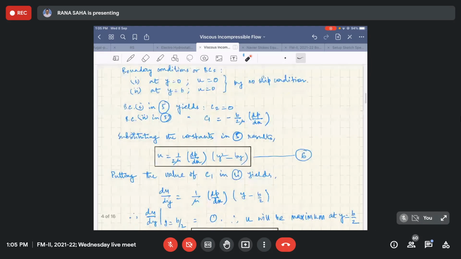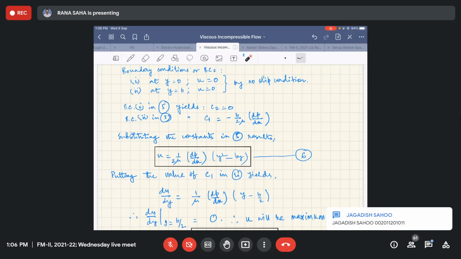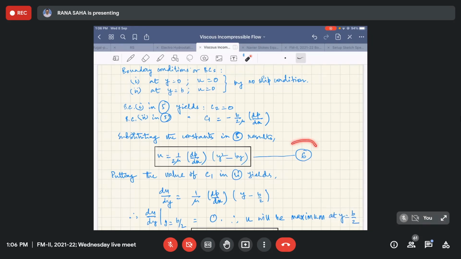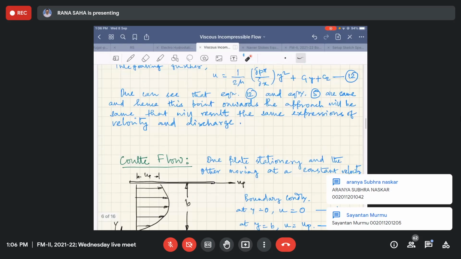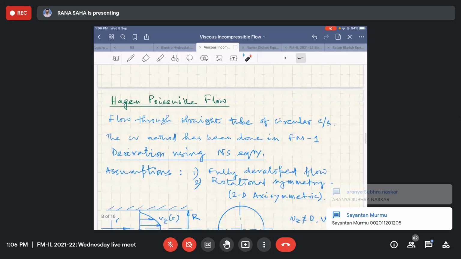And that led us to the expression of u, the velocity profile, in this manner, as depicted in equation 6. Now, for Couette flow, what changes take place?